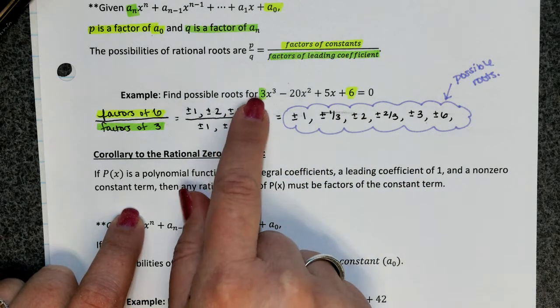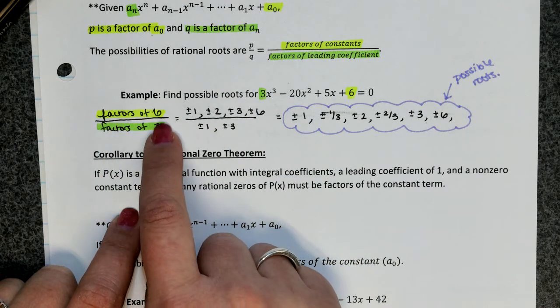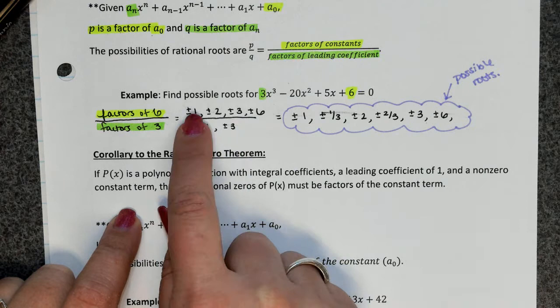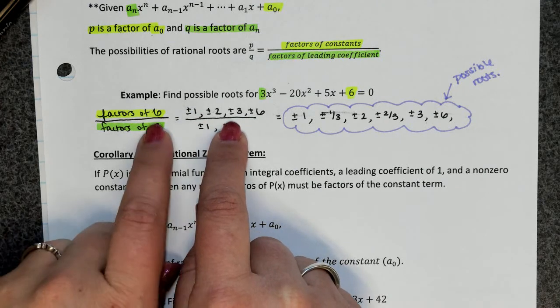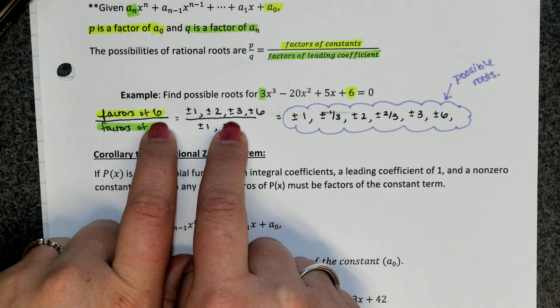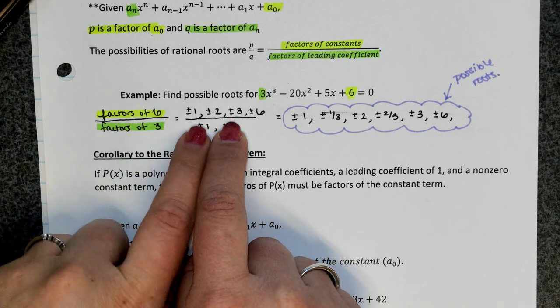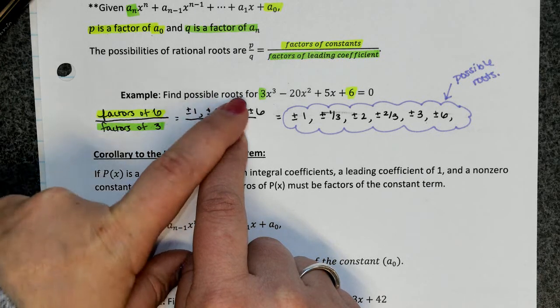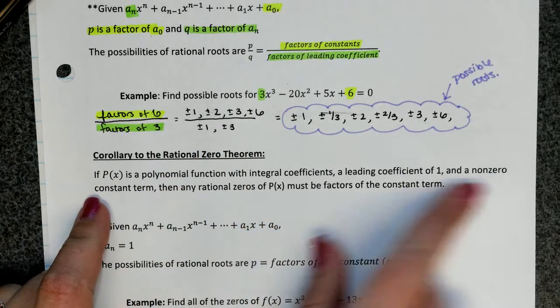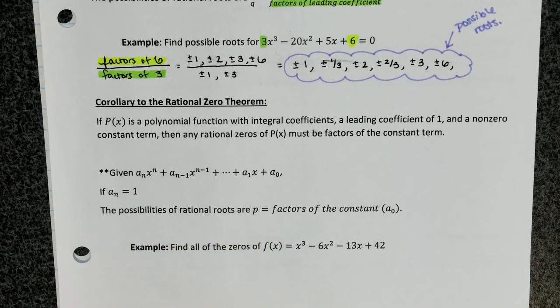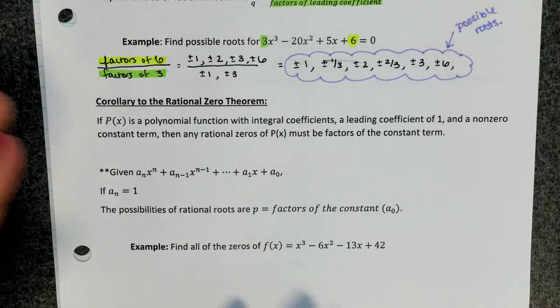So what it's saying is, if this is factors of 1, then when you divide by 1, none of these numbers change. So if this wasn't an option, if this was 1, our options would just be positive or negative 1, 2, 3, and 6. Because 1 over 1 is 1, and 2 over 1 is 2, and 3 over 1 is 3. That's what this corollary is saying. But that only works if your leading coefficient is 1.